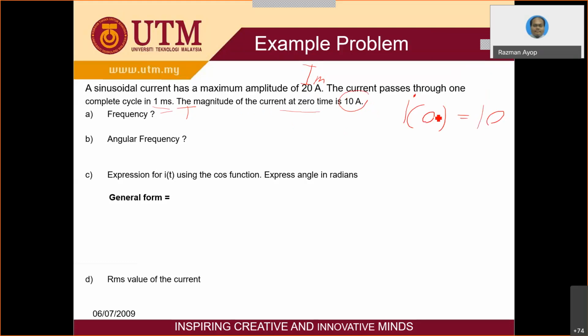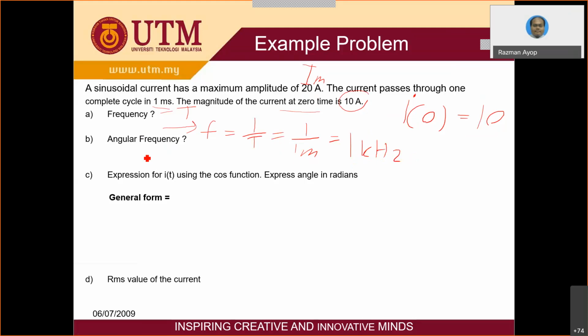So what is the frequency? Frequency f equals 1 over T, just 1 divided by 1 millisecond, which equals 1 kilohertz.